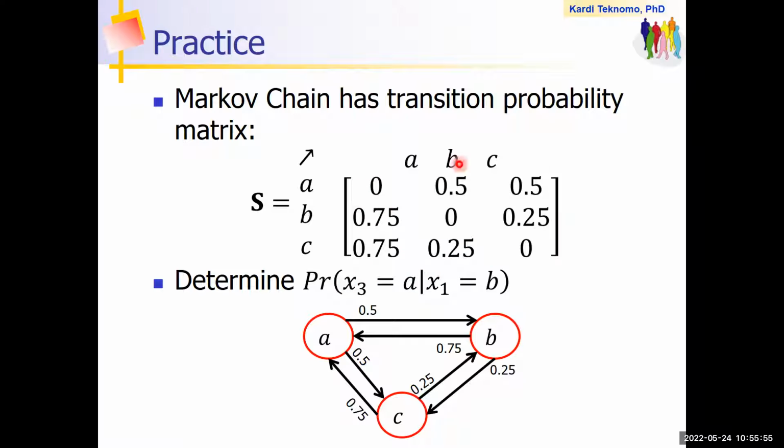Now if I have this transition probability, can you find the probability of x3 is A, given x1 is B? How do you calculate that?